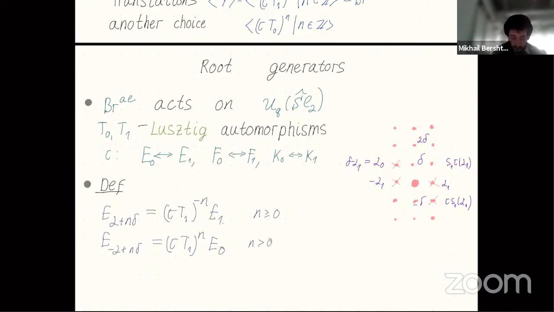So where are these generators? Alpha plus delta is a root here, alpha plus 2 delta here, and so on. So here I am defining generators which live in this part.